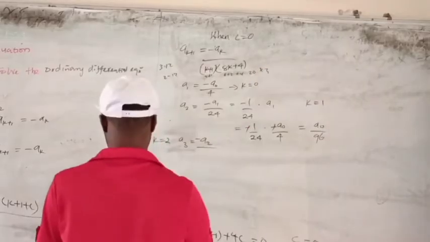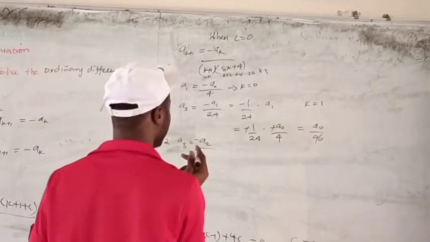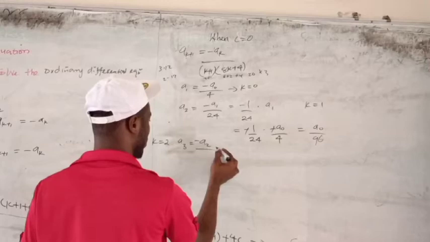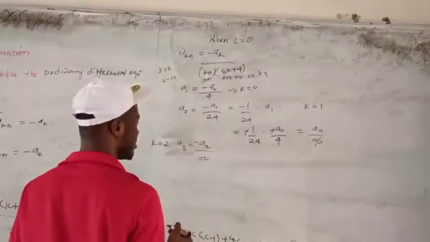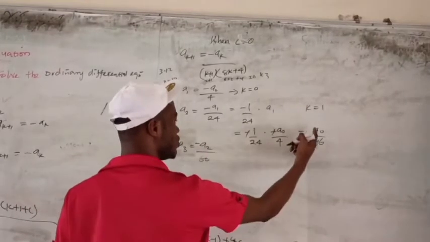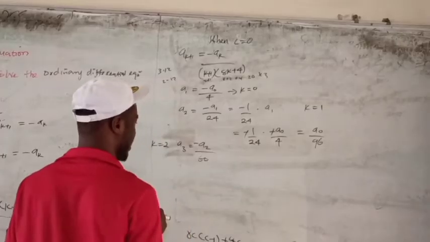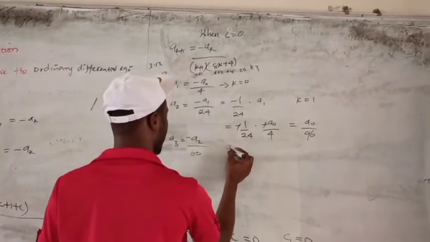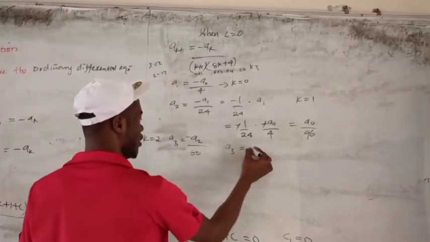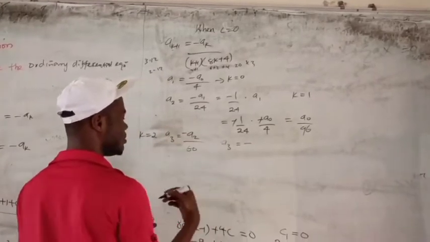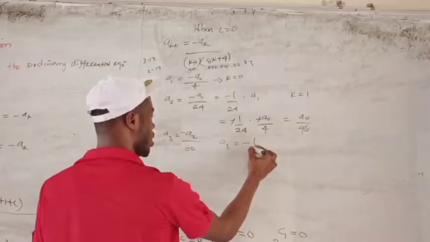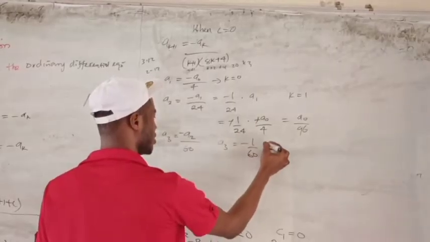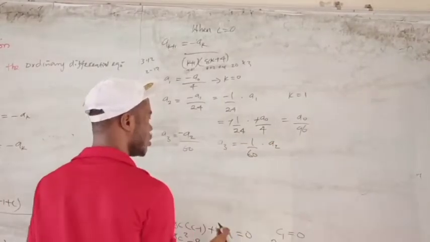So 3 times 20, that is 60. So I have minus a2 over 60. And of course, a2 is equal to a0 over 96. So I have a3 is equal to minus 1 over 60 times a2.